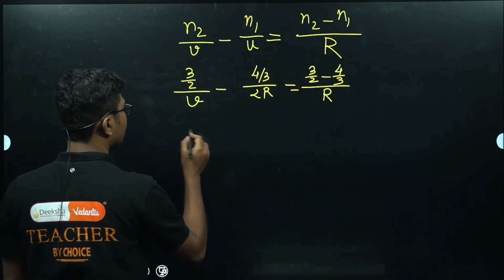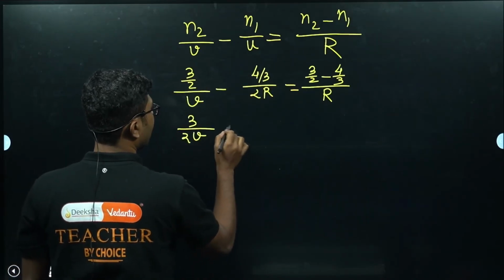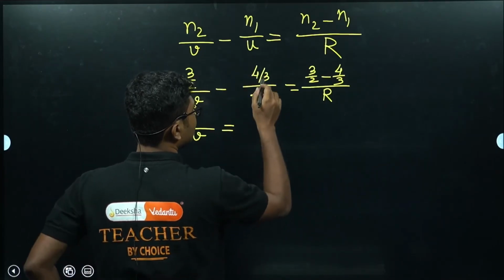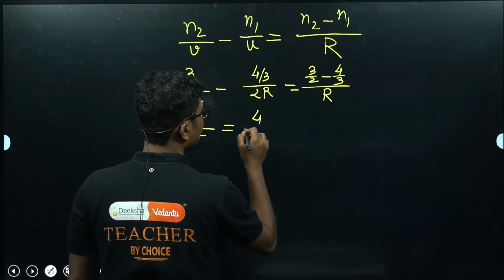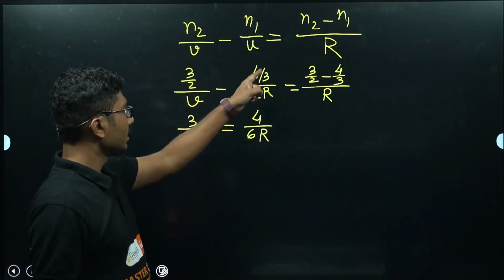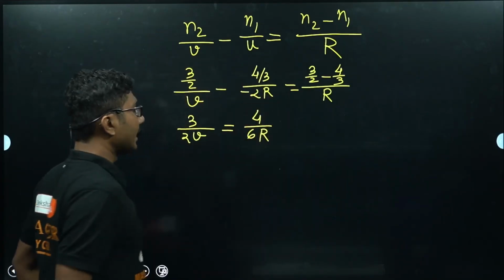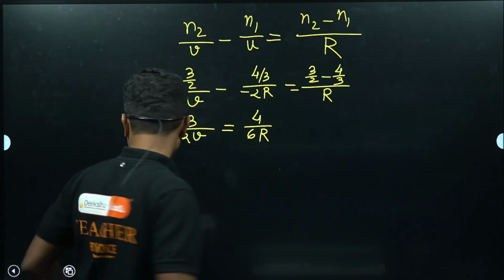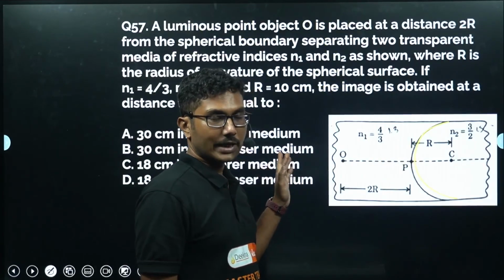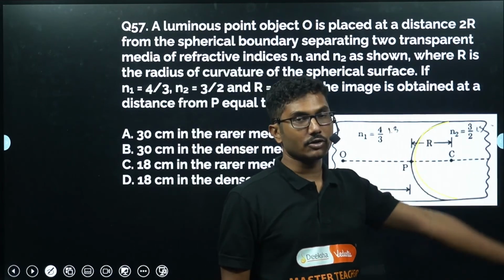Okay, so let's take this on the other side. 3 by 2V equals, just simplify this, this will become plus, and it will become 4 by 6r, right? 4 will be in the top, 6 will come down. One more thing here, u is negative. Why is u negative? Any object located on the left hand side of any surface, mirror or anything, that is considered negative. Anything on the other side is considered positive.